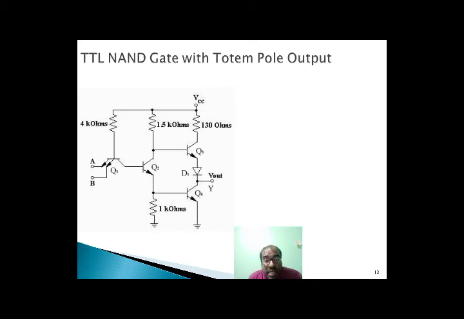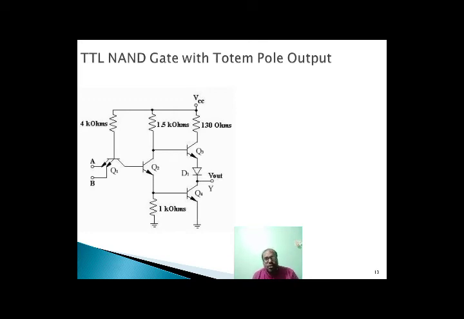When the inputs A and B are both high, the two input base emitter junctions of Q1 are reverse biased and its base collector junction is forward biased. This permits current through R1 and the base collector junction of Q1 into the base of Q2, thus driving Q2 into saturation.